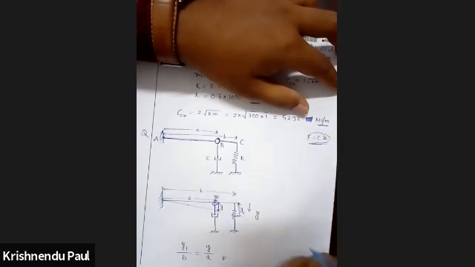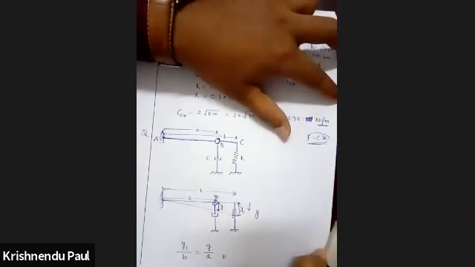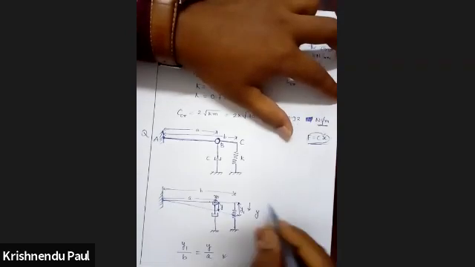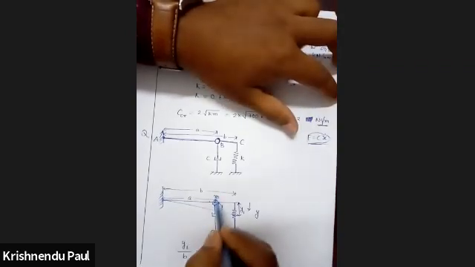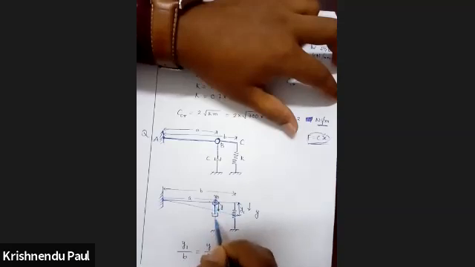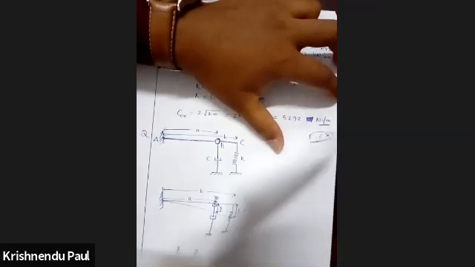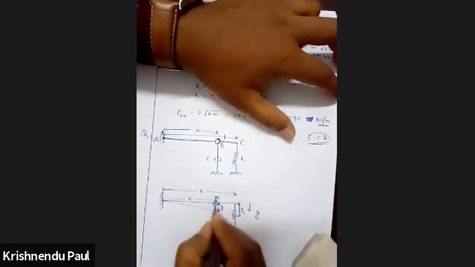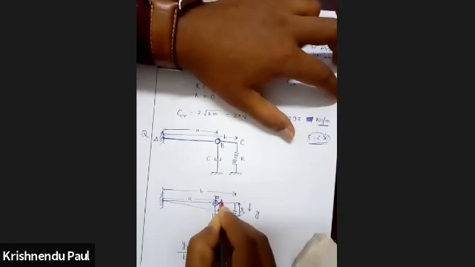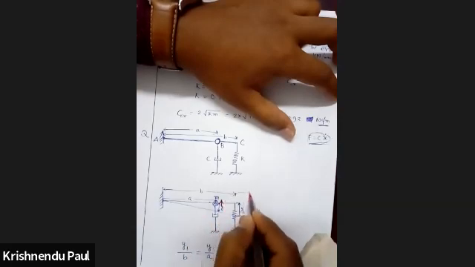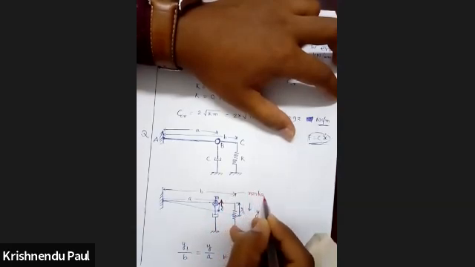Now let us write the free body diagram of this mass. See, this mass is moving in the downward direction. So what will be the forces acting on this mass? One force will be in the upward direction, and that is the inertia force.